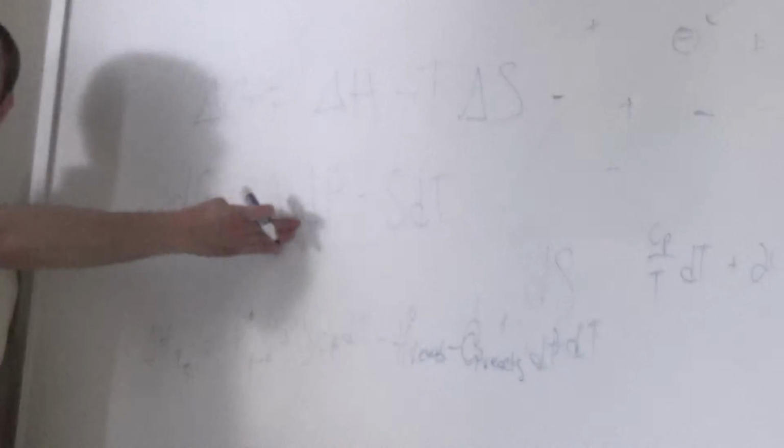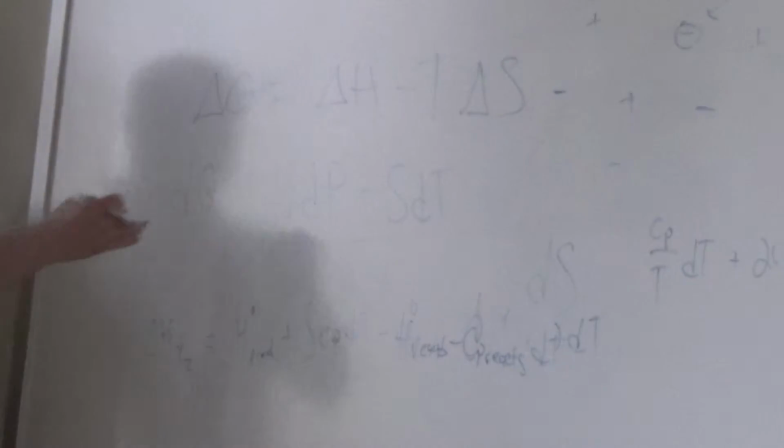The same thing can be done with this equation. If I give you a G naught, and I say, this is your G naught at some particular pressure or temperature, what's G going to be at some new pressure or temperature? Then you would have to go to this equation.